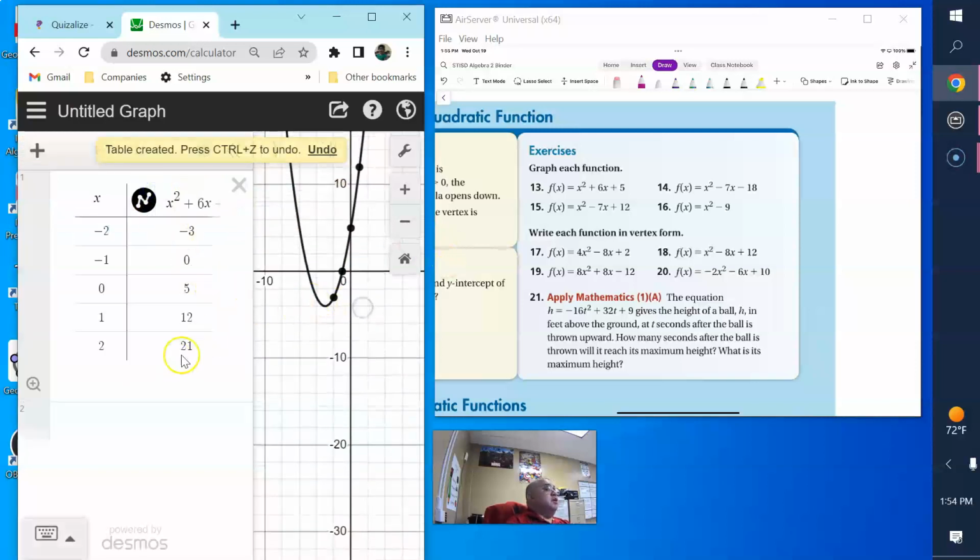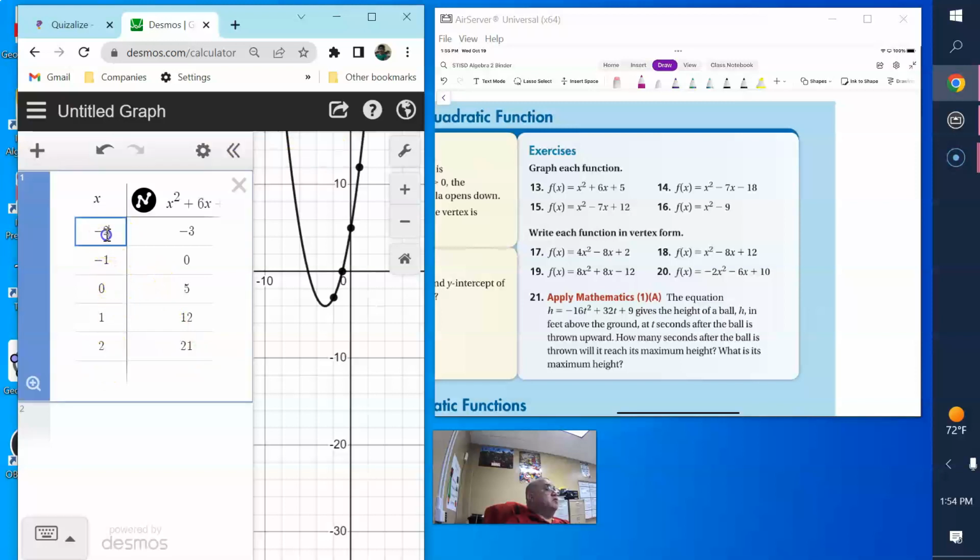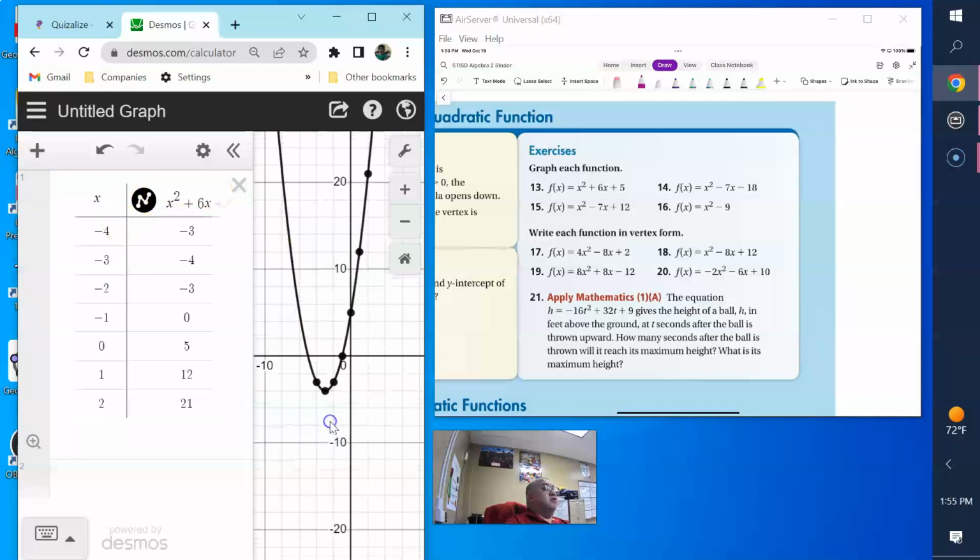And of course we want to have some points on the other side of the parabola. So I would probably start at negative 4, negative 3, negative 2, negative 1, 0, 1, 2, and so on. On your graphing calculator or some graph paper, go ahead and graph this.